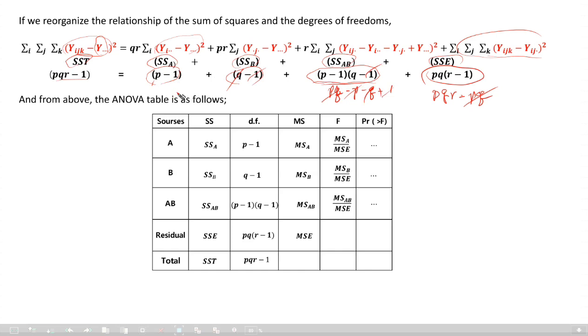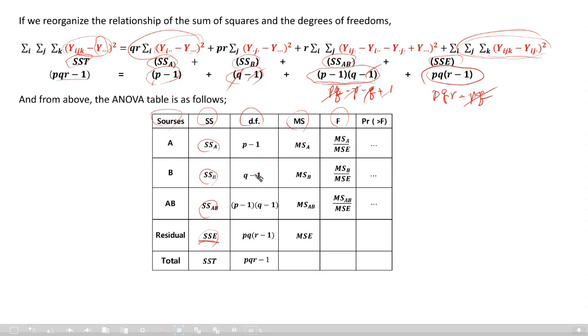Anyway, equality holds. So when we have the sums of squares and the degrees of freedom, we make the ANOVA table. The ANOVA table is like this: source, sum of squares, degrees of freedom, mean squares, F value. The calculated values of SSA, SSB, SSAB, and SSE, the residual sum of squares, will show up here.